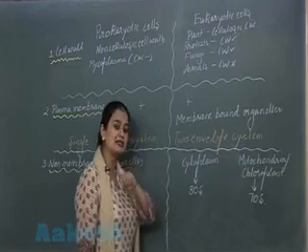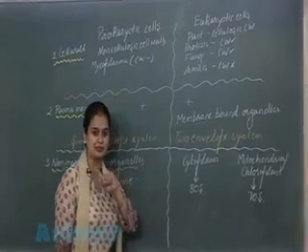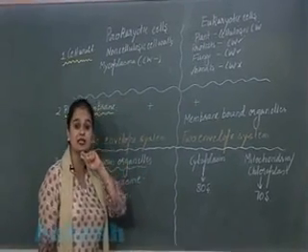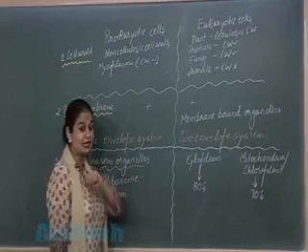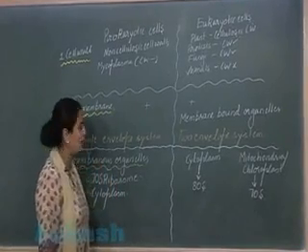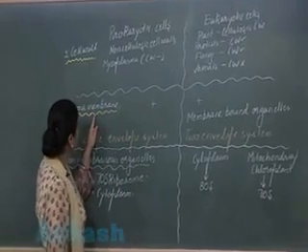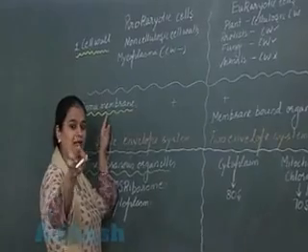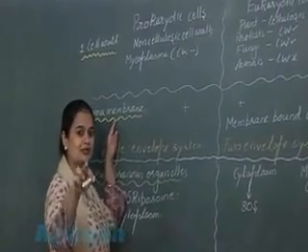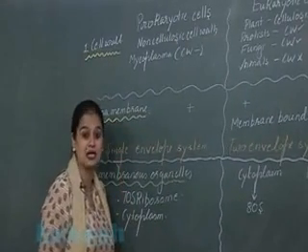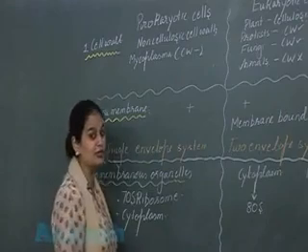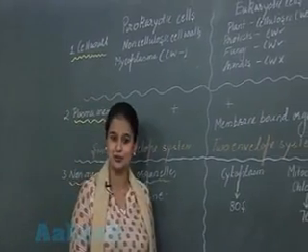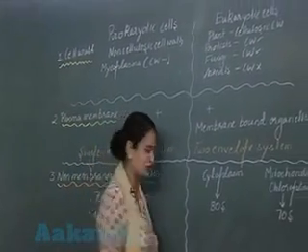Now I had discussed in previous classes in the chapter biological classification that in the case of the prokaryotes, the plasma membrane shows ingrowth. Can you tell me what these ingrowths are known as? These ingrowths are known as mesosomes. So let's write this information.